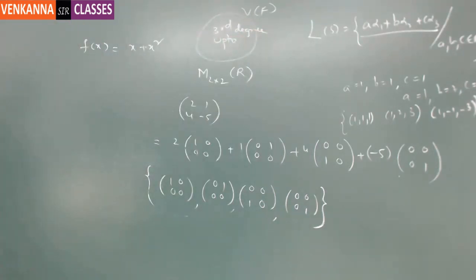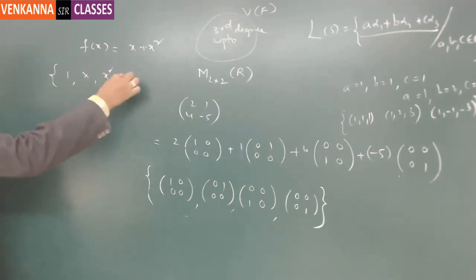I am taking constant polynomials, first degree polynomials, second degree polynomials, and third degree polynomials. If I took all these polynomials into one set and called that a vector space, then what is the spanning set for it? It is very simple. The spanning set is simply 1, x, x square, x cube.